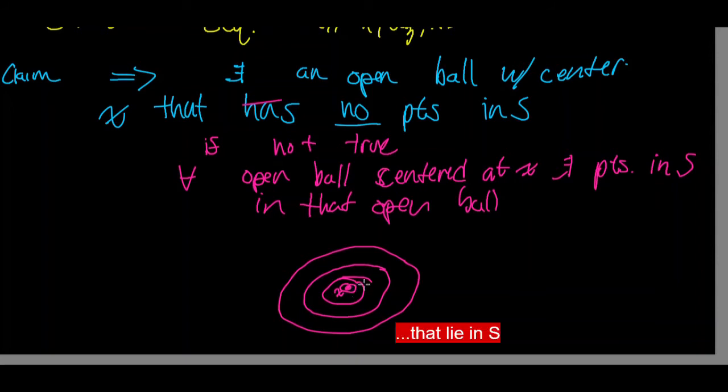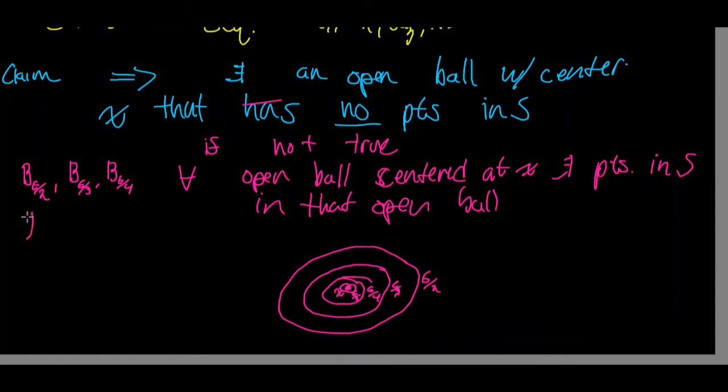So I can create the following sequence: an open ball of radius epsilon over 2, epsilon over 3, epsilon over 4, and then epsilon over 5, this innermost, and so on, and so on.